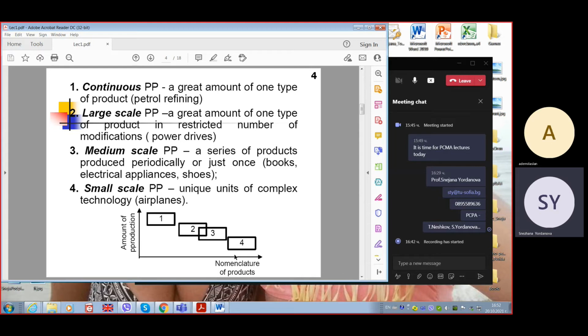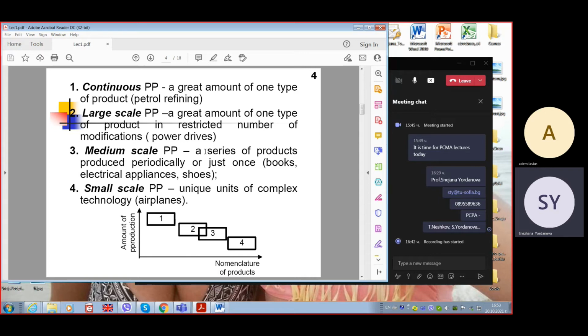If we have a great nomenclature, a great amount of one type of product, this is continuous, like petrol refining. Large scale, we decrease the amount, but more products are produced. The nomenclature of products is high.